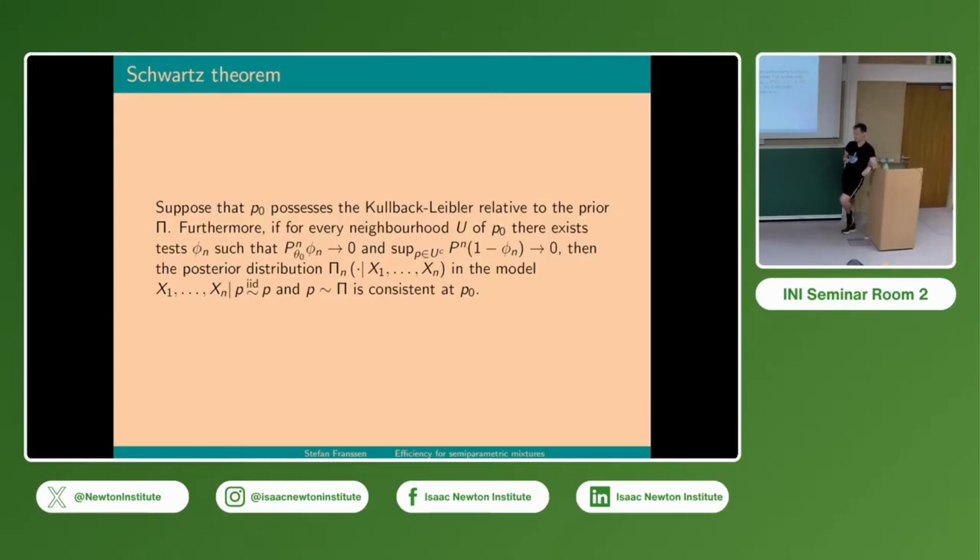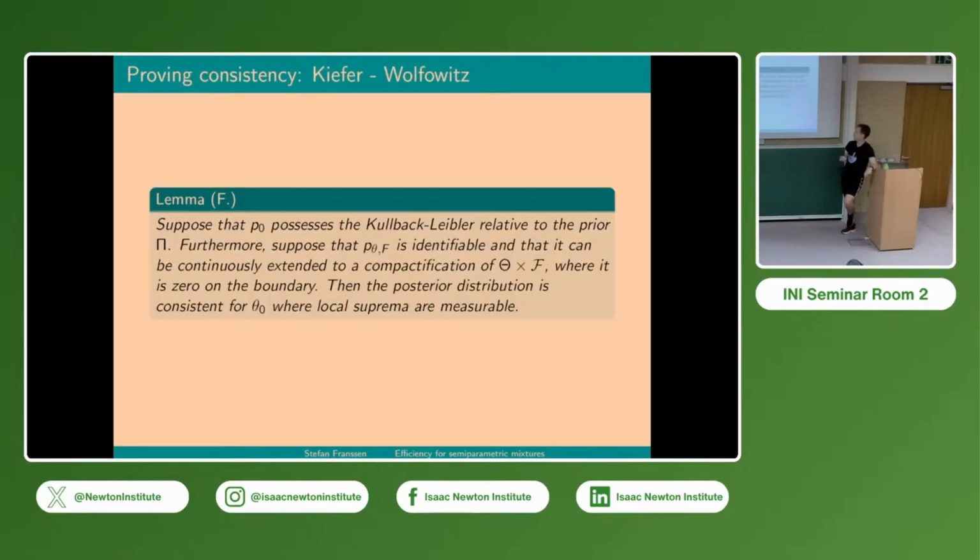So I thought maybe I can just try to create this test. But it turned out to be more efficient to actually look at the proof of Schwartz's theorem and to look at the proof of Wald's and Wolfowitz's theorem. We more or less paste them together and we get the results that I proved.